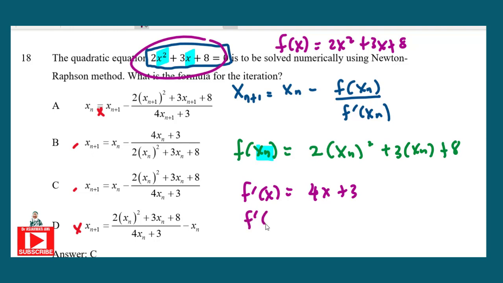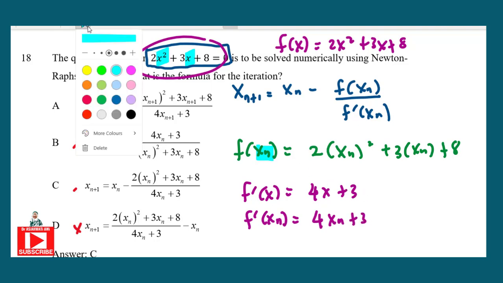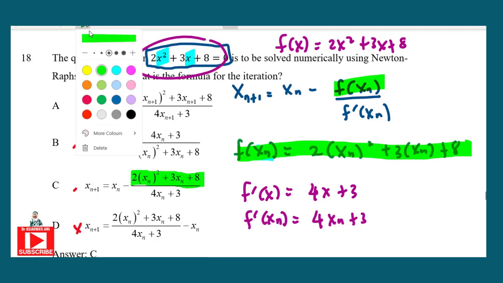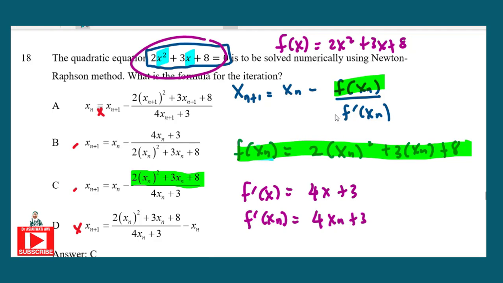So f prime of x_n is 4x_n plus 3. Then substitute: here is f(x_n) and here is f prime of x_n. So the option is C.